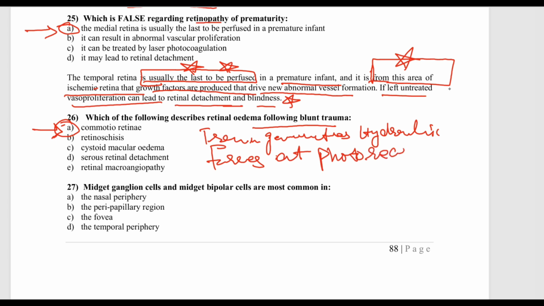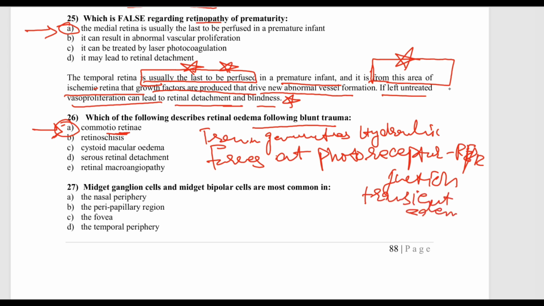This is important, okay? So this occurs at the level of the photoreceptor-RPE junction and causes the transient edema, which is known as commotio retinae.